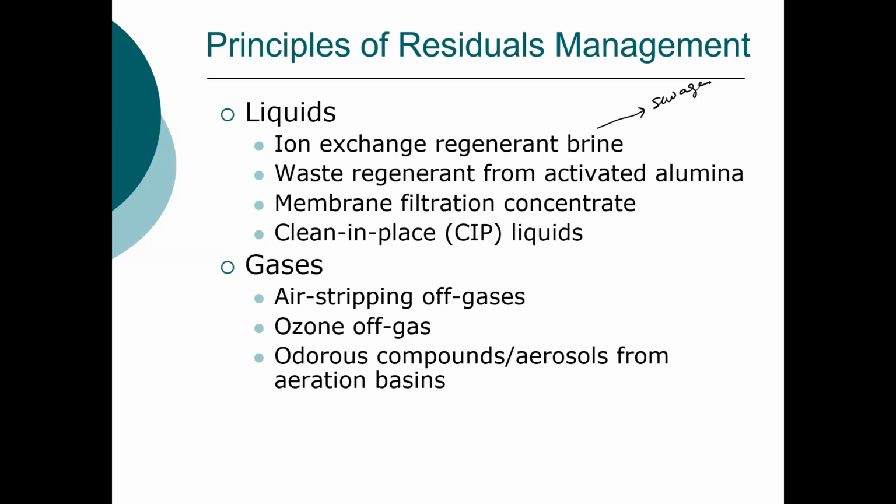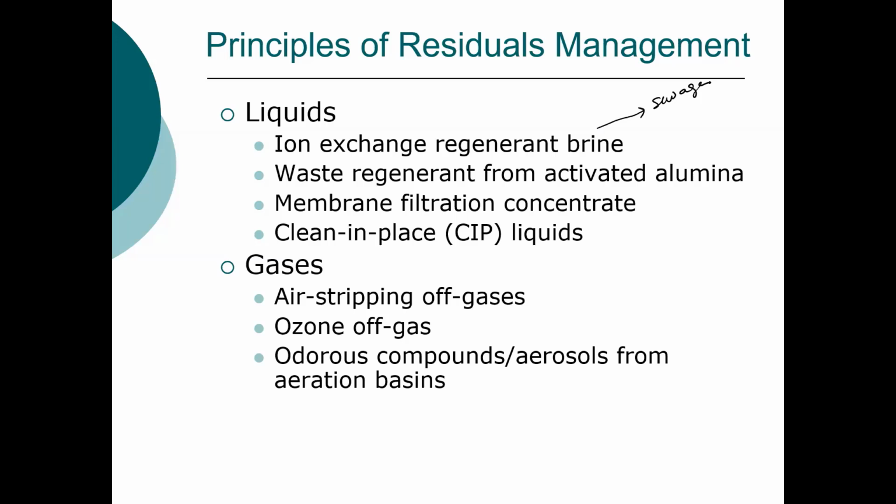So you may need to have storage and then slowly bleed that brine into the sewage treatment plant so as not to have a spike of total dissolved solids into the plant. And that really depends on the size. You may have waste regenerant from an activated alumina plant.